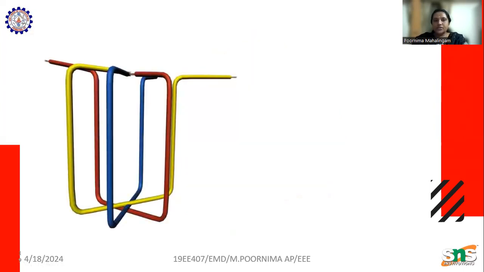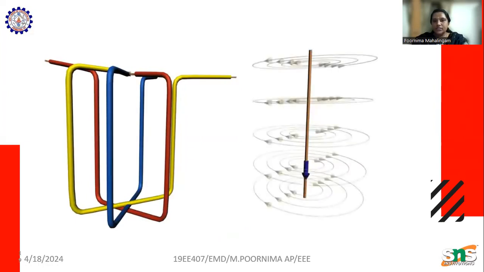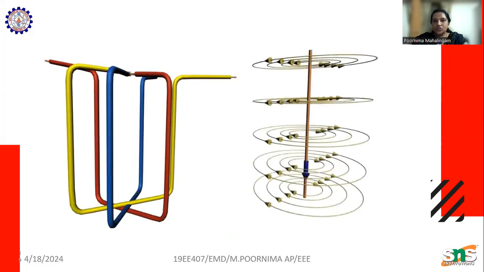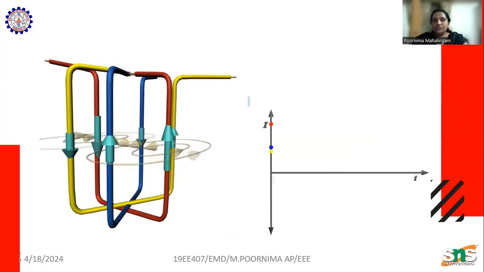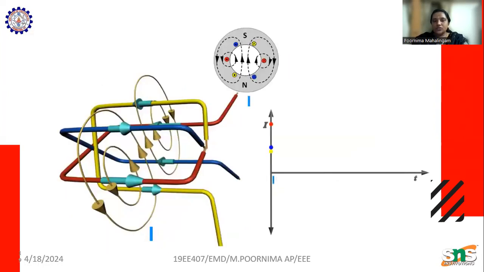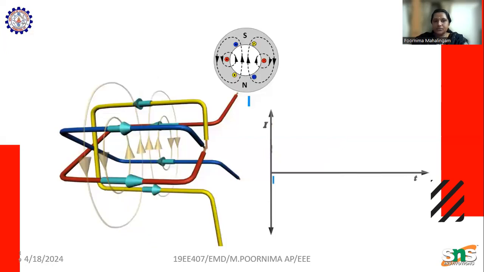Here we can see the three-phase winding. A single coil produces a magnetic field. This is single phase. What about three-phase? We have already seen this, so now we can see the working animation.